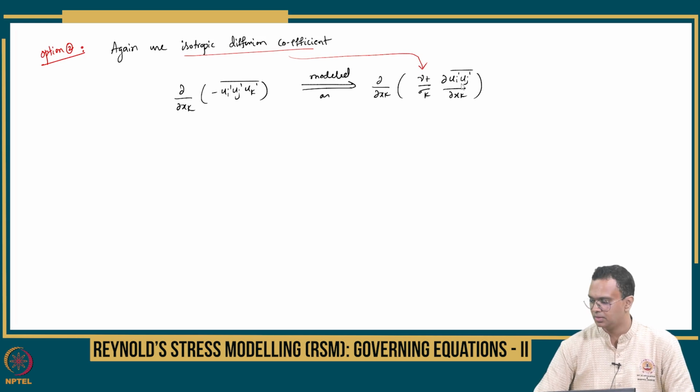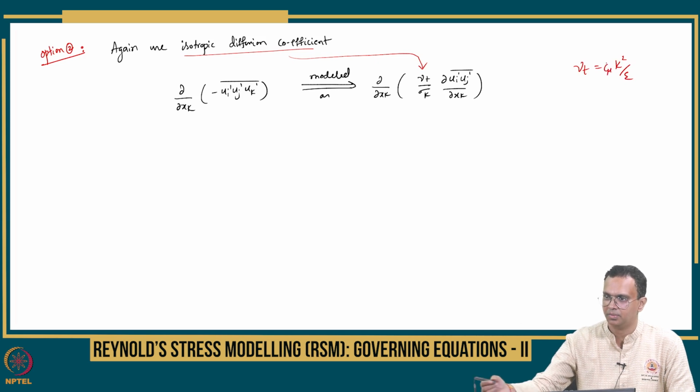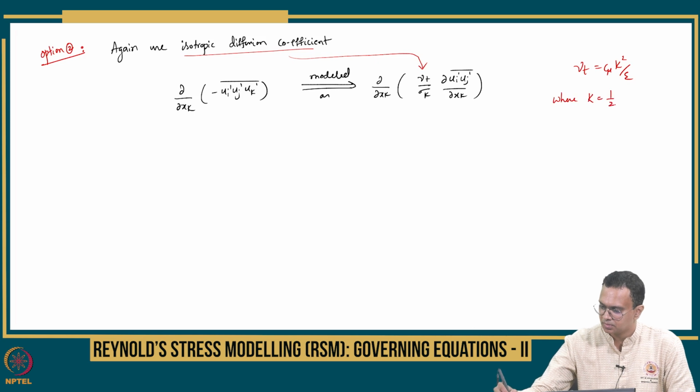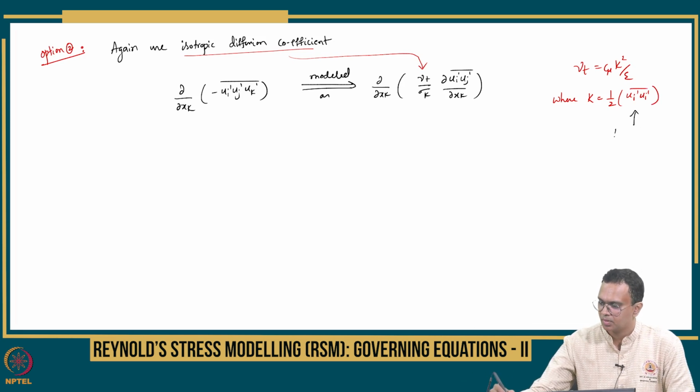So nu t you can still use as K square by epsilon. You can introduce C mu if you like or not, that depends on the model, but K and epsilon are available to you. I have not talked about epsilon, but at least K is the sum of your stresses, which is being computed, so it's available.